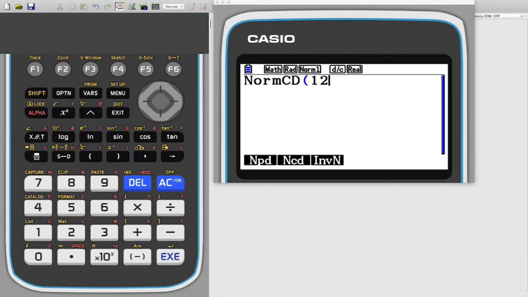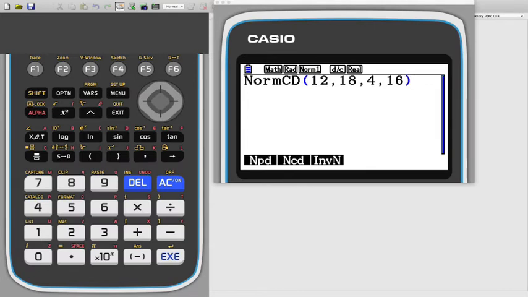When you do it from a left hand or right hand, put in minus 1,000 and then 1,000, a really high number, and then 18. We've got to remember it's the standard deviation they want next, so it's 4, and then the mean. It's that way around.